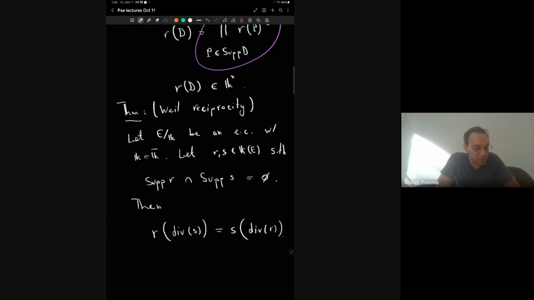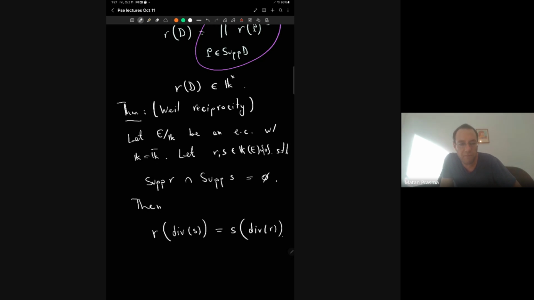This result is a very nice symmetric property of elliptic curves. I guess R and S need to be non-zero rational functions. We unfortunately do not have time to cover the proof of Weil reciprocity, but you can look in the notes.